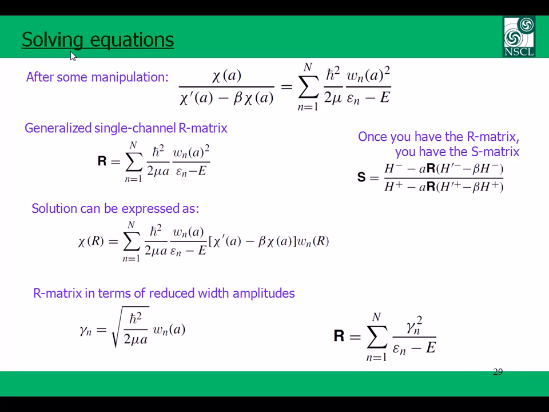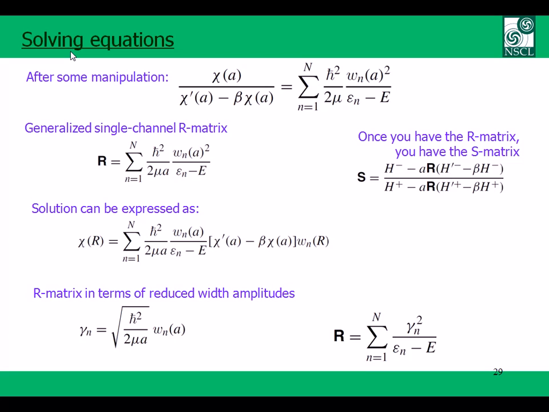We can generalize that definition such that this becomes the new R matrix. And so with this generalization, the single channel R matrix will just be given as a sum of the values of those eigenfunctions at the border squared divided by the difference between the eigenvalues that I get from solving the problem inside the box and the energy at which I want to calculate the scattering.